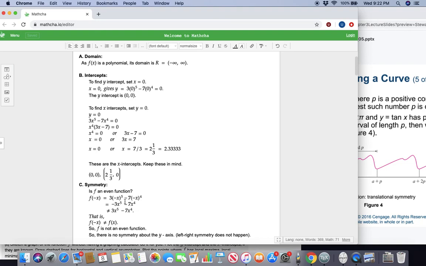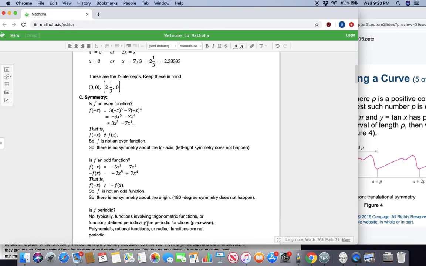Okay, this negative is from the negative 7, so that continues, but this negative goes away. So in all, you have -3x^5 - 7x^4, which is not equal to f(x), which was 3x^5 - 7x^4, because these two do not agree. In other words, f is not an even function.